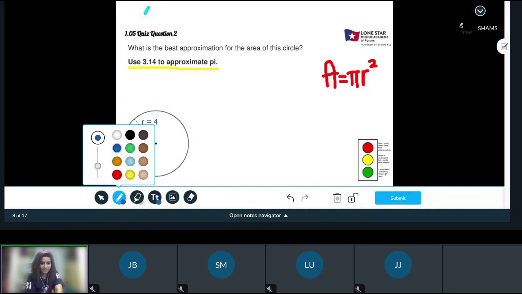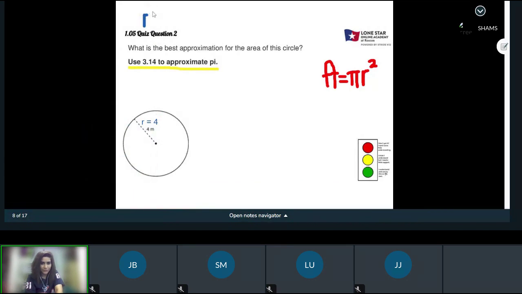So let's see how much the radius squared will be. Radius squared is square of 4. And square of 4 means 4 times 4, multiply 4 by itself. That is radius squared, that is square of 4. And you get 16.